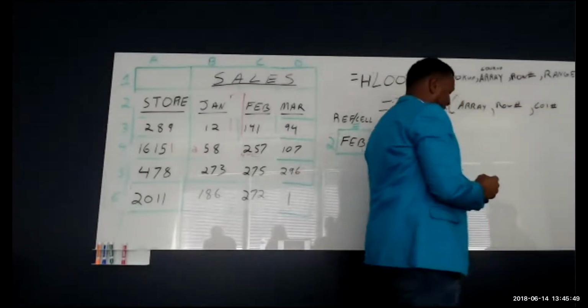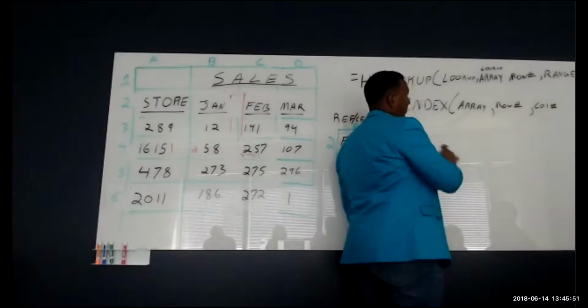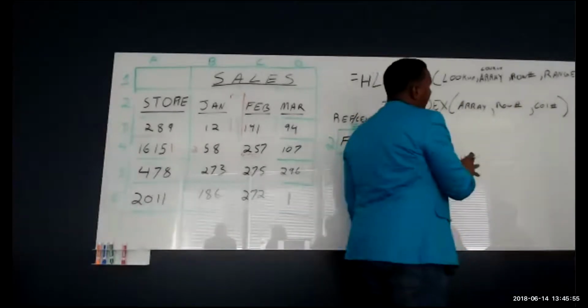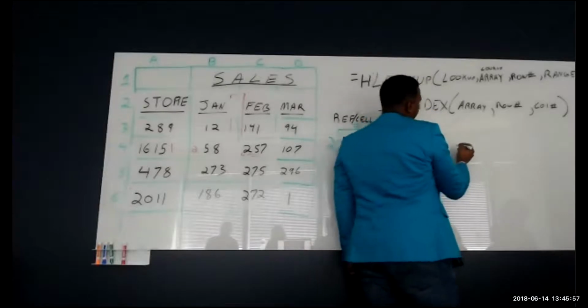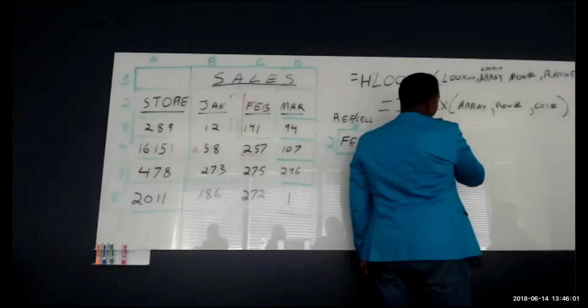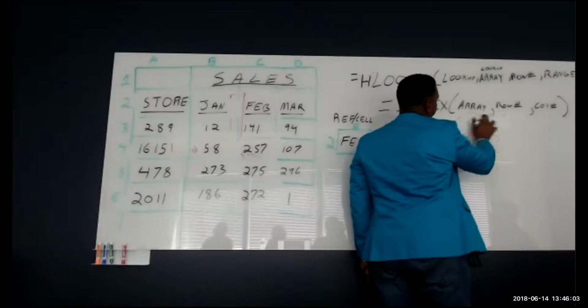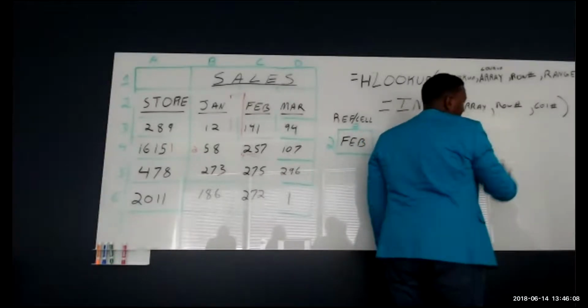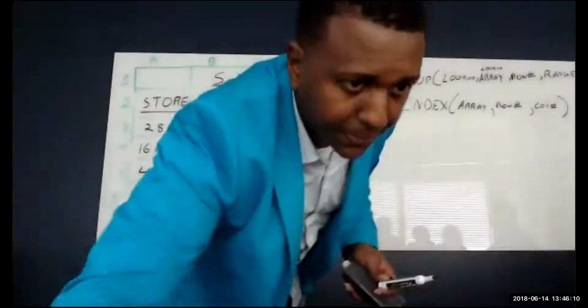Okay? What that means is, and I don't want to go too far out of the box, but basically what this means is if you were to tell the index, I want you to return what you find in your array that's in row number 4. Excuse me, just a second.